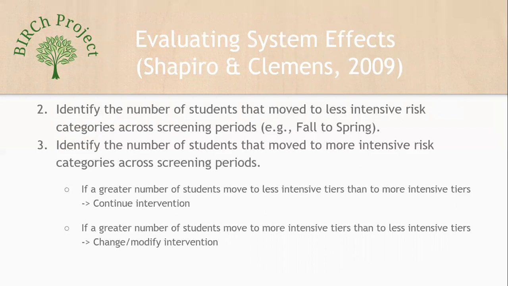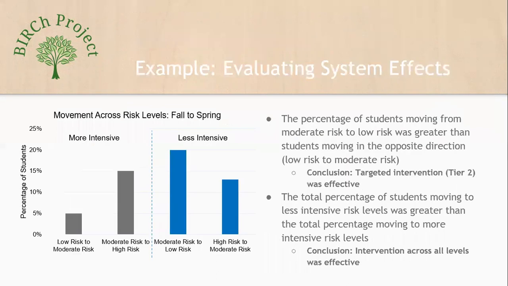So if we have students moving from low risk to some risk and high risk, if that percentage exceeds the students moving in the opposite direction, then we really need to think about how we need to change or modify our intervention. If we have students moving from some risk and high risk down to low risk, and that percentage exceeds students moving in the opposite direction, then we can continue our tier 1 intervention because it appears to be working.